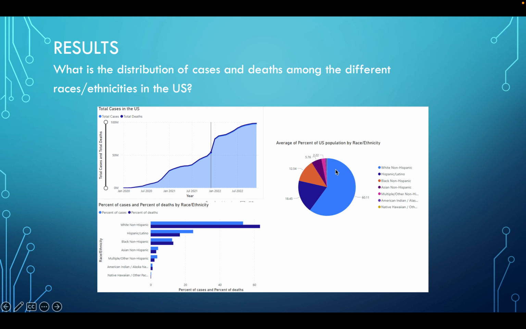So we can see that white non-Hispanics make up a larger share of the U.S. population, and so compared with that, you can see that they account for more cases and deaths in the U.S., whereas Hispanic Latinos comprise about 18% of the population, but they also account for more than 20% of the cases and less than 20% of the deaths.